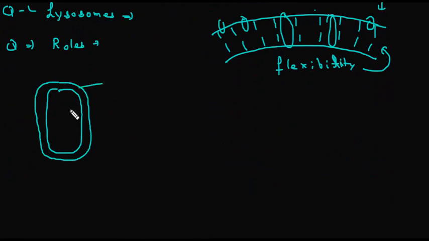So their cell wall provides structural strength to the cell, and it prevents the bursting of the cell. Whenever the cell swells up in a hypotonic solution, the cell wall protects it from bursting, because they have a slightly higher risk. That's why. Okay, so we need to remember that.